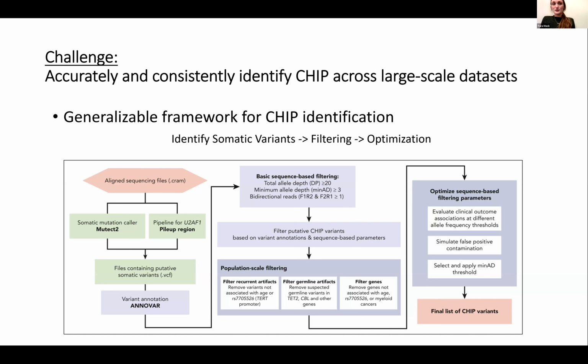And like I said, truly just this idea of being able to accurately identify CHIP across these large scale cohorts is something that is so important, because until we can do that, we're not going to have consistent data on prevalence of CHIP, outcomes of CHIP, all of these things, until we have a curated set of calls that we're confident in. And lots of different studies, even big companies, have published studies where my lab would not consider those accurate CHIP calls. And so I think it's really important to get this data first so that we can then get to those questions, right? Once we have a real data set.